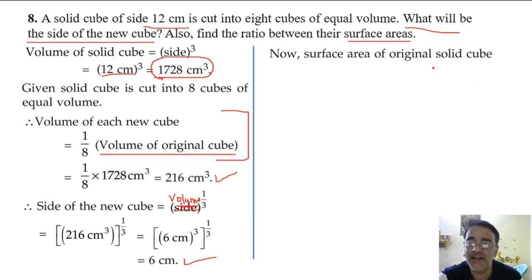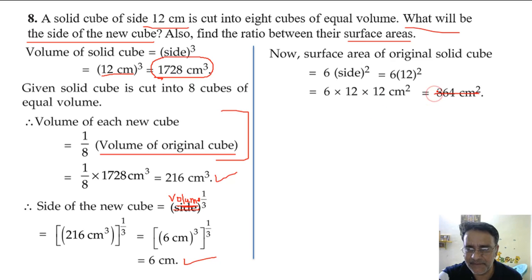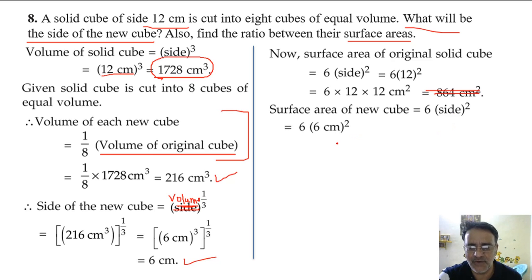So now the surface area of the original solid cube is 6 into side square, that is 6 into 12 square. Okay, 6 into 12 into 12. Don't multiply this one yet. Now the surface area of the small cube. 6 into side square, we will get 6 into 6 into 6, but again don't multiply. Now we have to find the ratio.